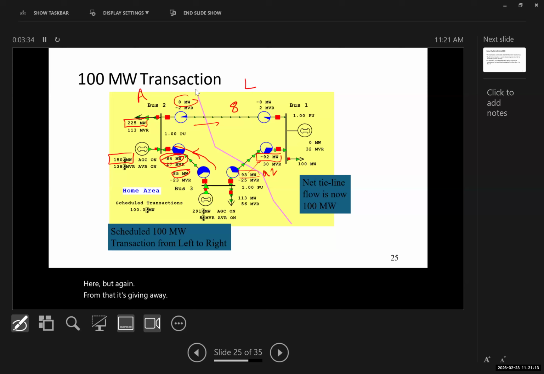So 84 minus 8, it's going to be what? 76. What happened to the 1 megawatt? Lost, yes, exactly. It's again loss in the system that we have. And the same thing on the right as well. The bus on the right, how much power is it consuming?